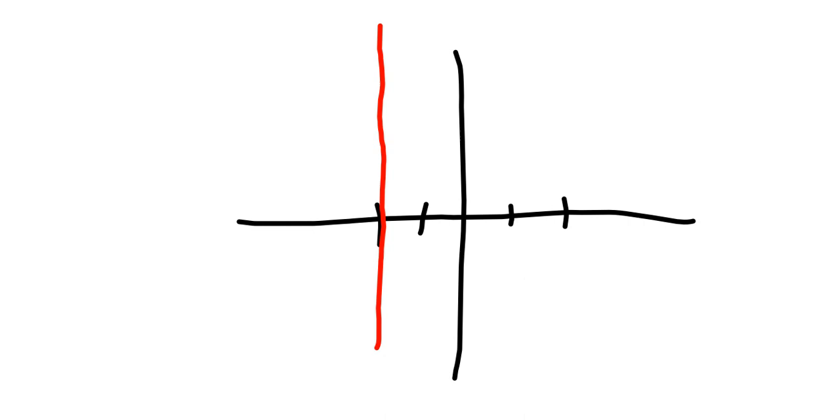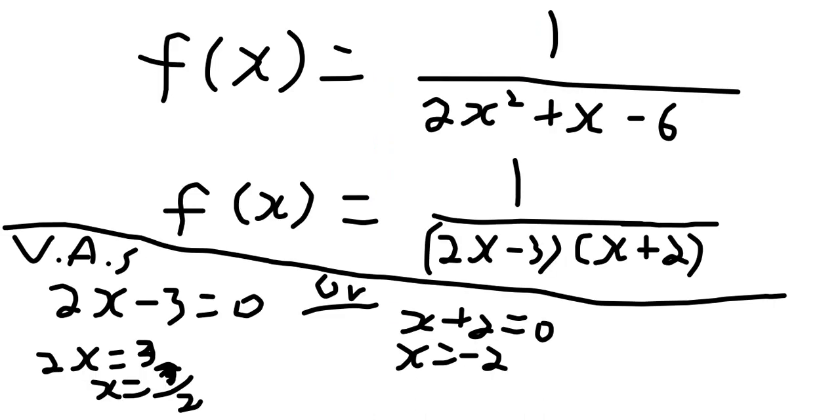It's 1.5. So that's my other vertical asymptote. So again, the x values of the vertical asymptotes, 3 over 2 and negative 2, are the zeros of the denominator.